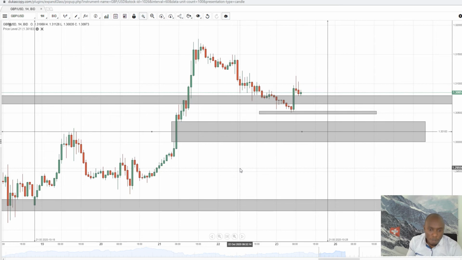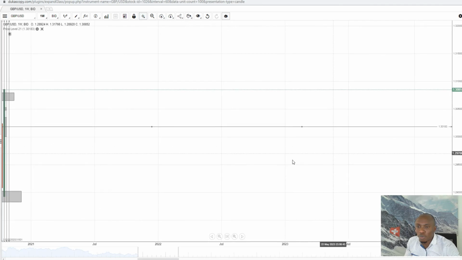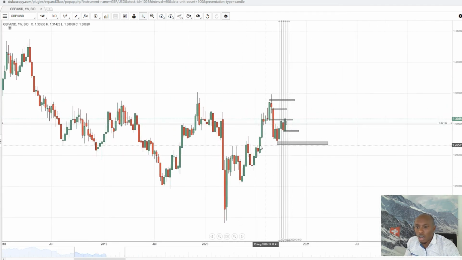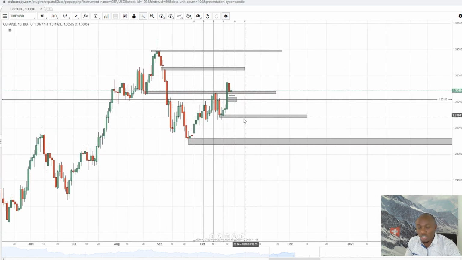So the overall bias for the British pound US dollar is bullish, starting from the weekly time frame to the daily time frame. For me, this is my opinion, it's bullish. It's kind of moving bullish, and it's already breaking structure, so it's kind of bullish.